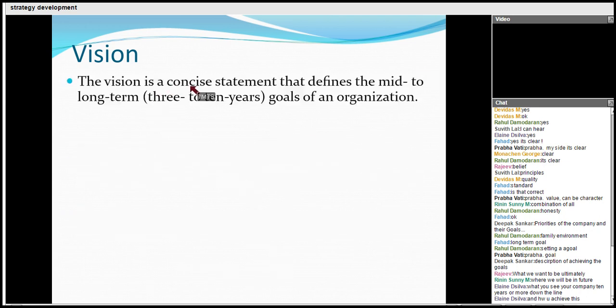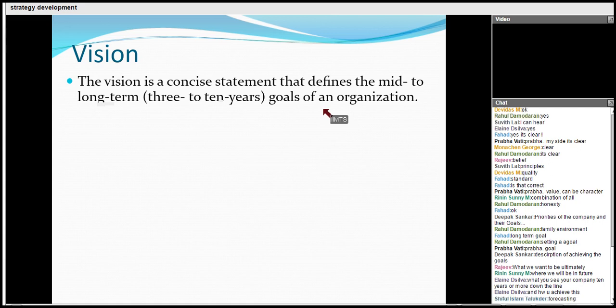The vision is a concise statement that defines the mid to long term, and it's usually a 3 to 10 year goal of an organization. So with the vision, you look at the organization in 3 years. What is the organization going to look like in 3 years, or in 10 years?